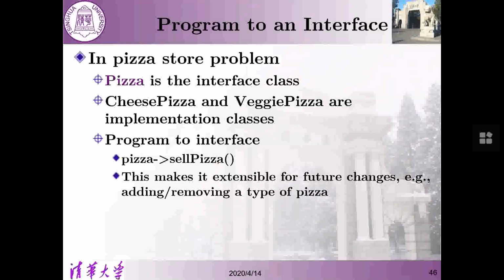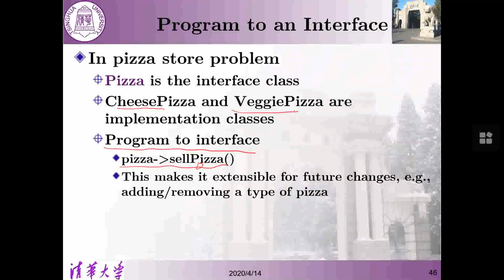So in this pizza store problem, pizza is an interface class, and cheese pizza, veggie pizza are implementation classes. So we follow the program to an interface principle, and then pizza itself does not change, right? Even if we add one new type of pizza, it does not change.